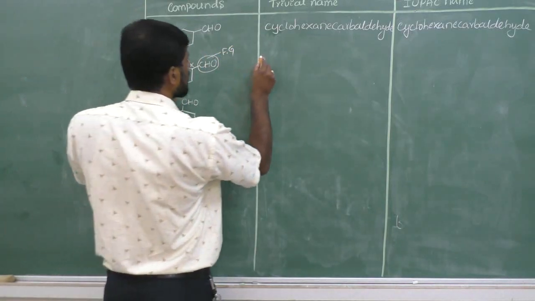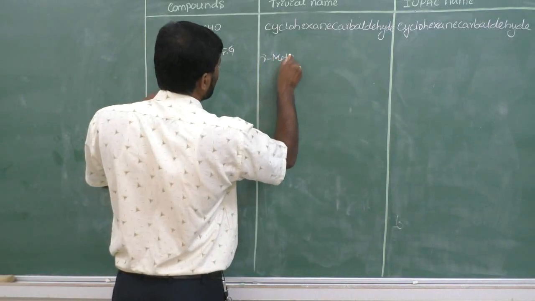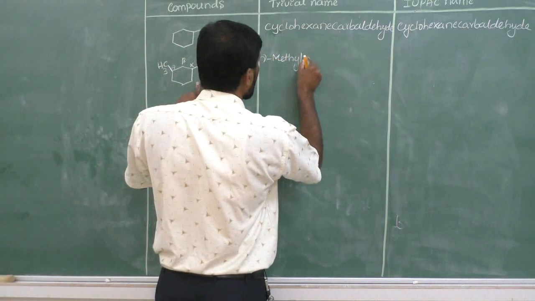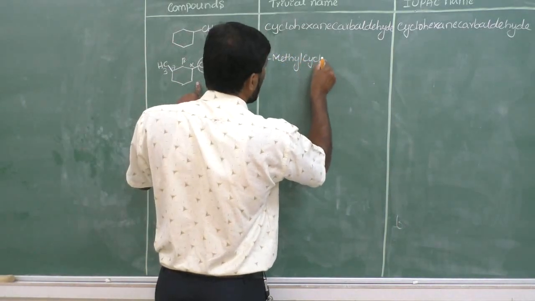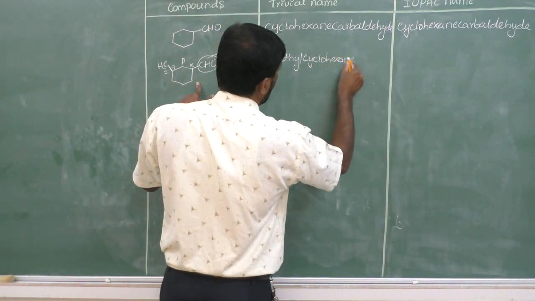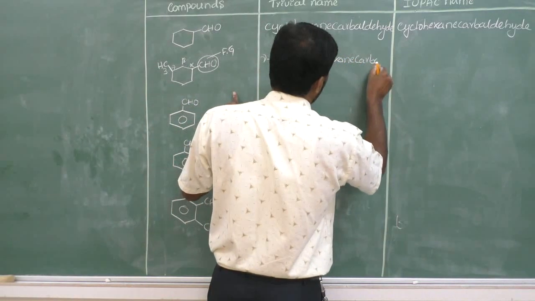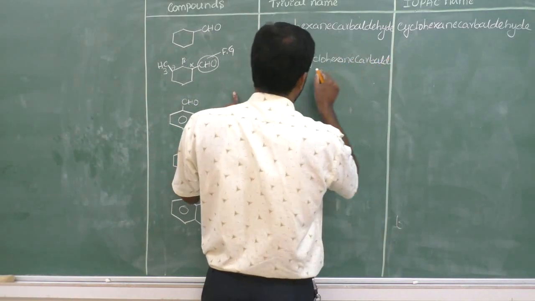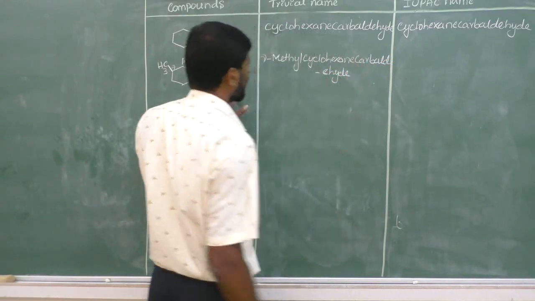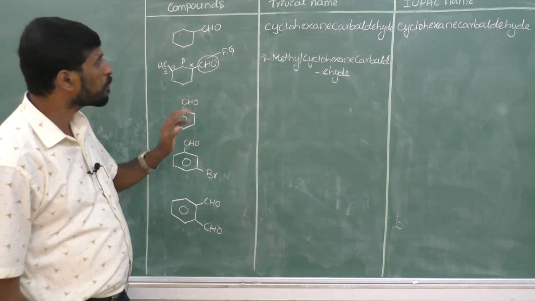Therefore, it is gamma-methylcyclohexanecarbaldehyde, since the CH3 group is methyl. What is the IUPAC name?